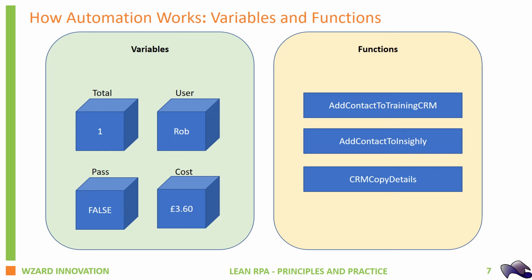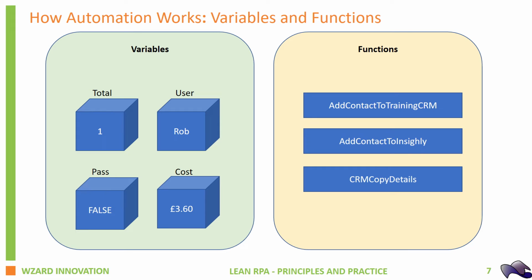The second concept that we need to consider when we start developing automations is functions. Functions are simply small pieces of automation code that can perform a specific function. By putting functions together and giving them meaningful names, it makes our applications more readable.